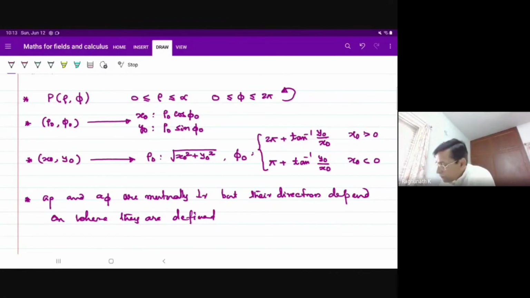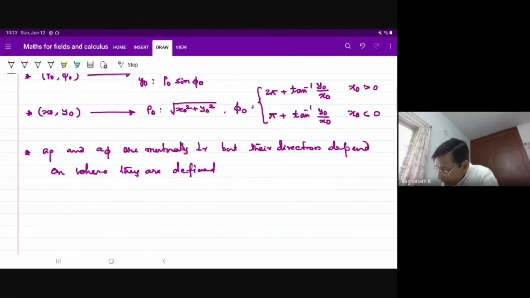And any vector in this coordinate system is of the form capital A rho times a rho plus capital A phi times a phi.